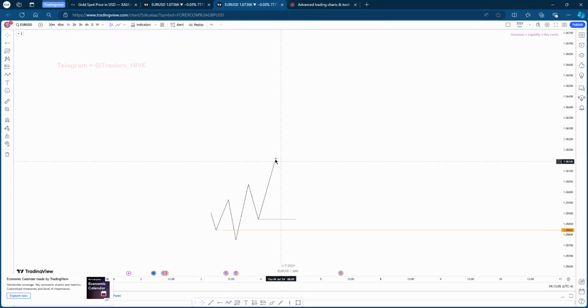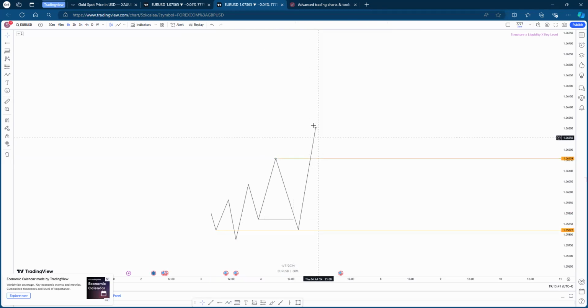The next thing we want to see is price take out this particular internal range liquidity, and also go for the external range. After internal range liquidity is taken, the next place we want to see price go above is the external range liquidity. So after this origin has started, if you miss this origin, one of the ways you can get in for the continuation is now that we have broken above this external range liquidity, right?